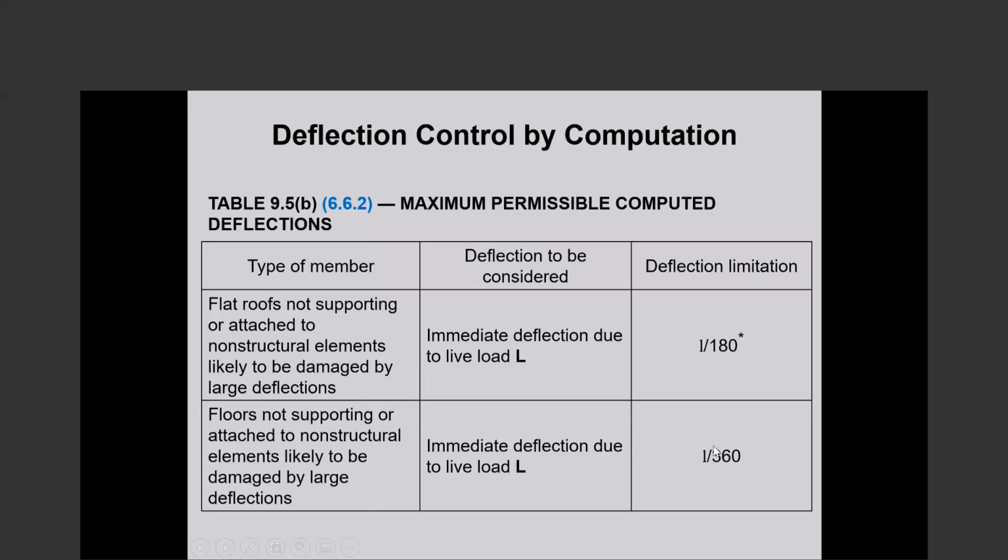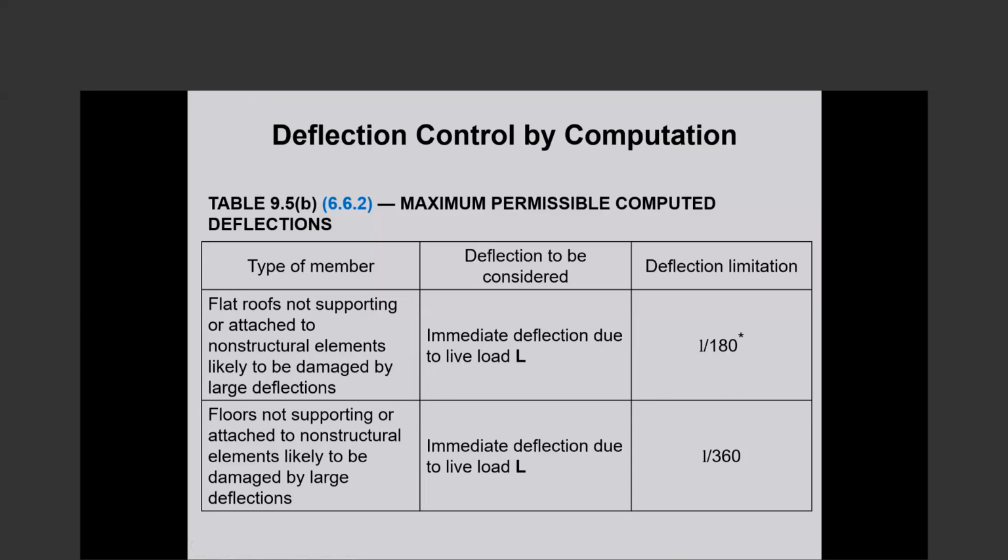If they are likely to be damaged, we have tighter limits, L over 360. If they are not likely to be damaged, then it is L over 180. Those limits, very, very importantly, apply to immediate deflection due to live load.